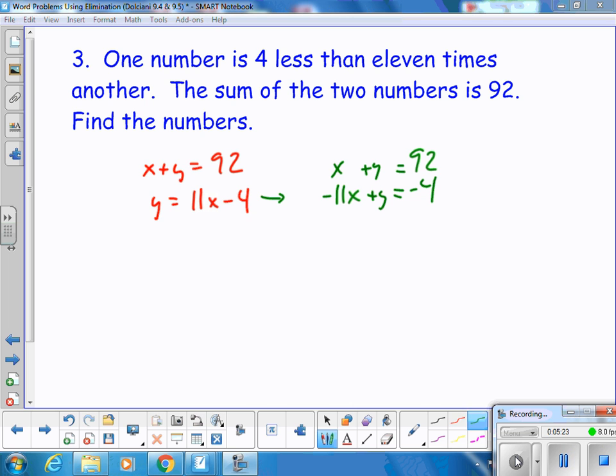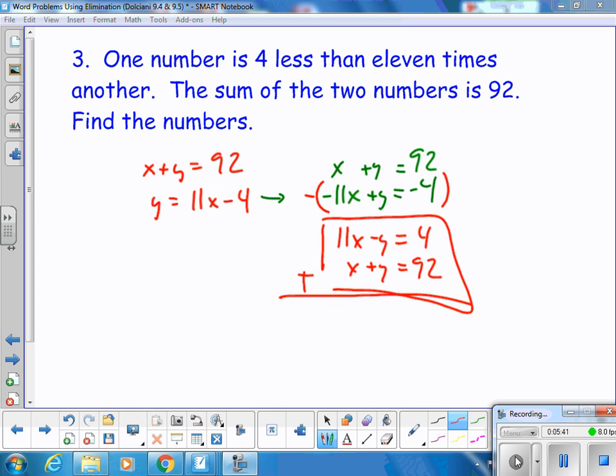I want to cancel out something here, so let's cancel out the y's. I'm going to do this one so I get rid of my negative 11, so it becomes 11x minus y equals 4. Then my top equation, I'm going to rewrite so I can see it. So here's my system that I'm solving. Those cancel out, so I end up with 12x equals 96. Divide by 12. So we can see that x is 8.